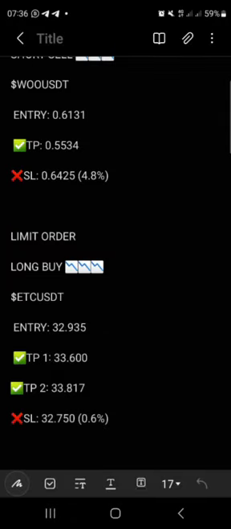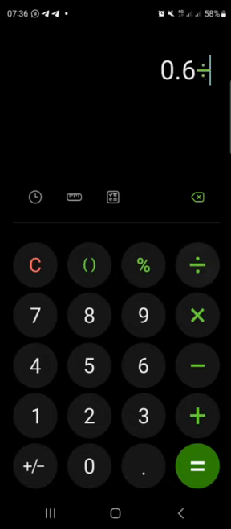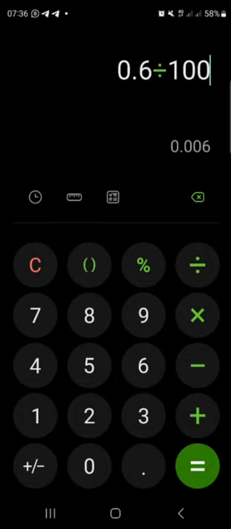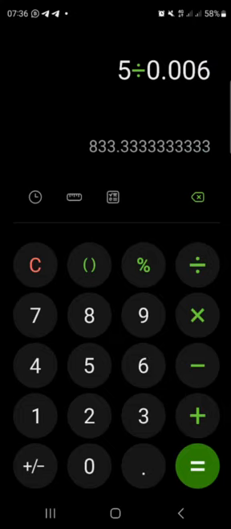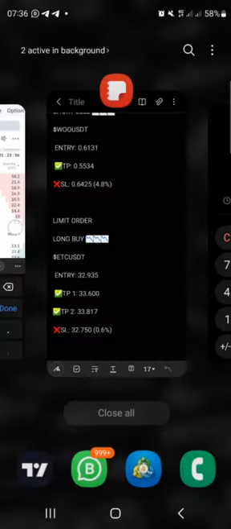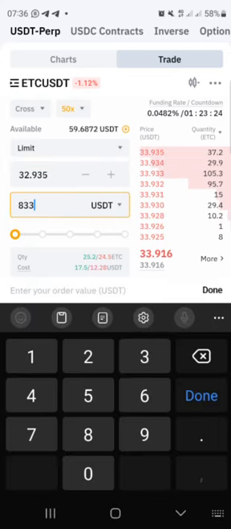Like I always say, 0.6% means that you divide by 100. Go to your calculator, 0.6 divided by 100. You're going to get 0.006. So you divide your affordable risk, for me it is $5, by this. So 5 divided by 0.006. I'm going to get 833. So my order value automatically becomes 833.